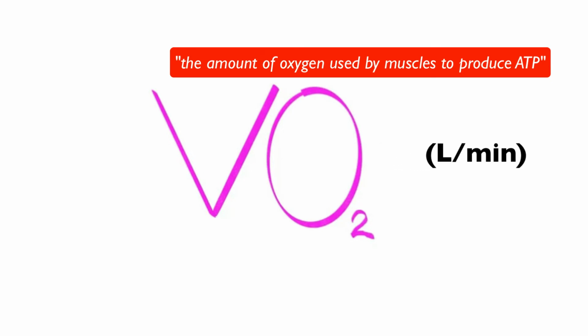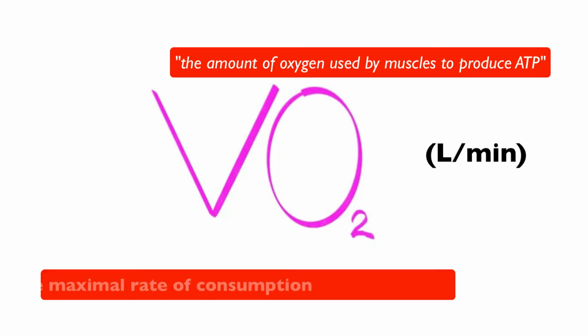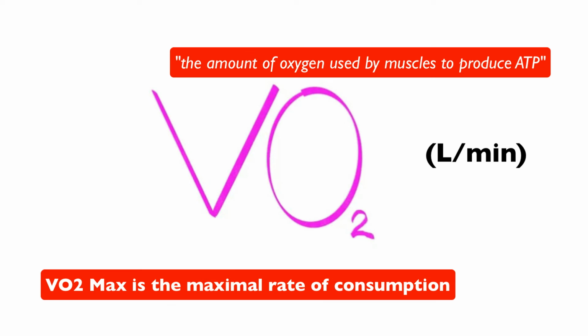Whereas VO2 max is a person's maximal rate of oxygen consumption, which turns into being an indicator of the ability to perform endurance exercises. Once again, VO2 max is the highest rate of oxygen consumption attainable during maximum exercise for an individual. And VO2 max and VO2 are going to vary from person to person.